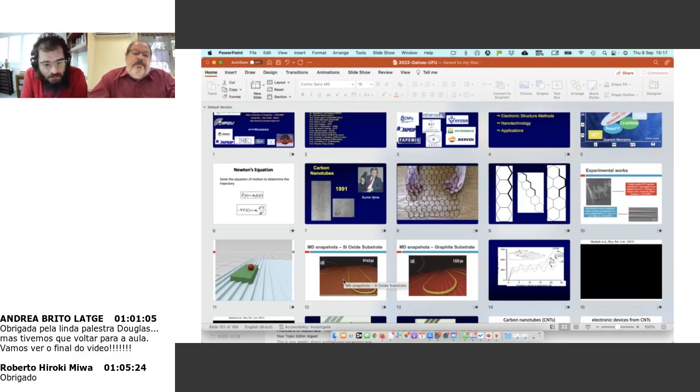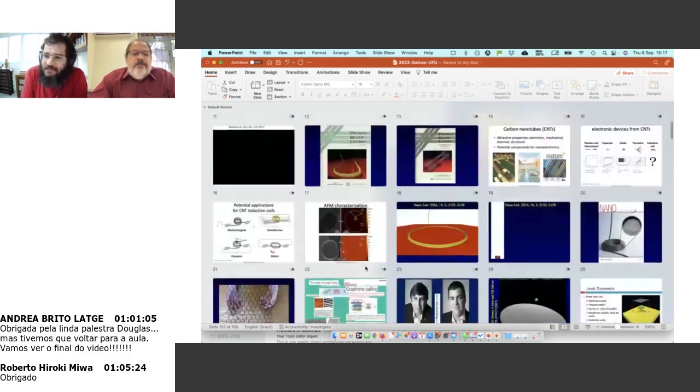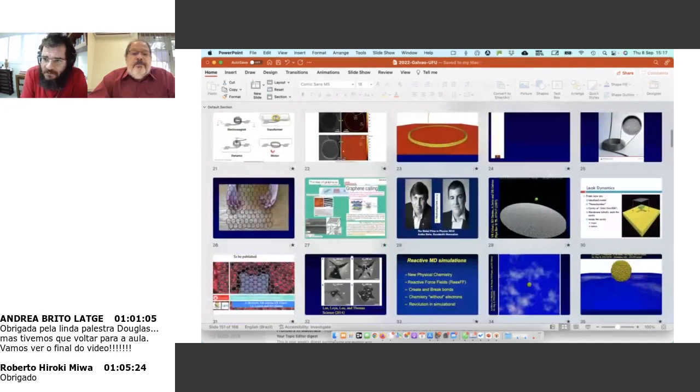So in your simulation, at some point you saw some transport, right? So conductivity, and I was kind of surprised that with some of this material you can stretch it and the conductivity is not changing.